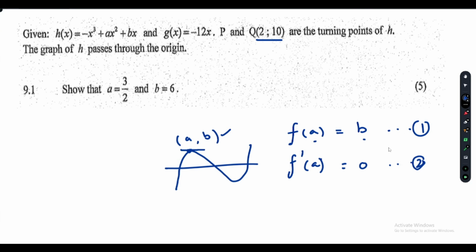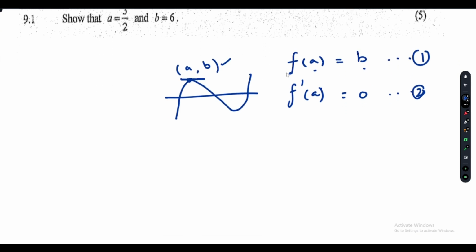Once we have the two equations, then we're going to solve simultaneously like we normally do. So here our a value would be 2, our b value is 10. So let us go into this equation, in this case h of x. Let's find equation 1. So to get equation 1, let's firstly write down the equation h of x. So we have h of x is equal to minus x cubed plus ax squared plus bx.